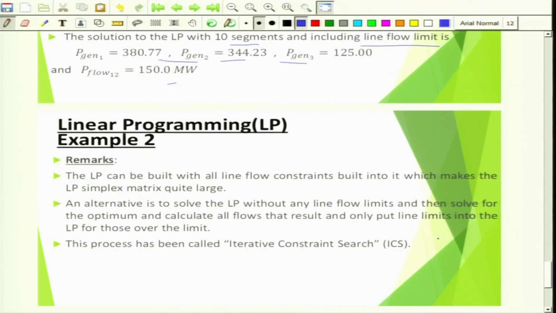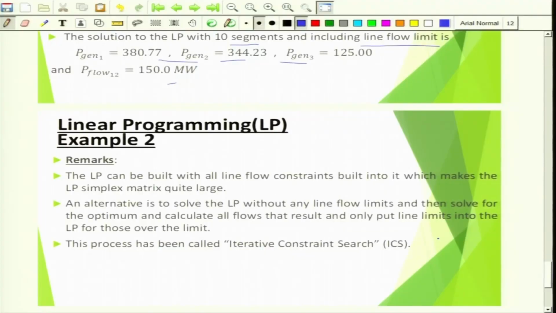The linear programming can be built with all line flow constraints built into it, which makes the linear programming simplex matrix quite large. So if you add so many line constraints into the problem, though it is a linear set of equations, it will unnecessarily increase the computation time. So an alternative is to solve the linear programming without any line flow. First solve without considering any line flow.